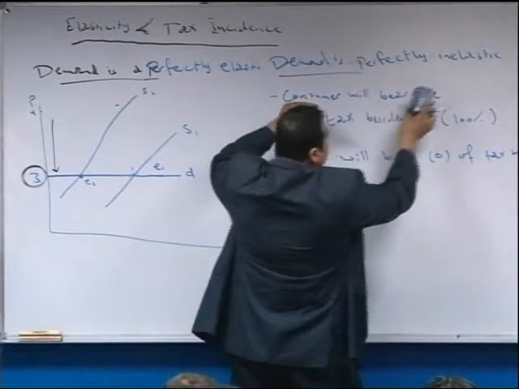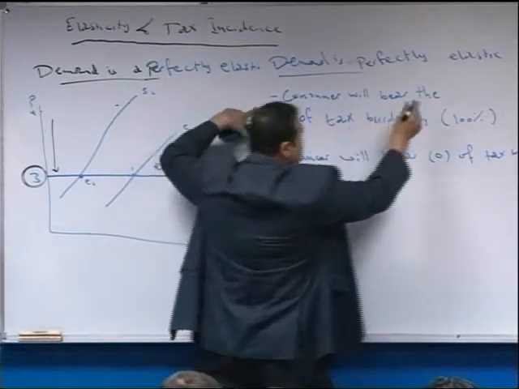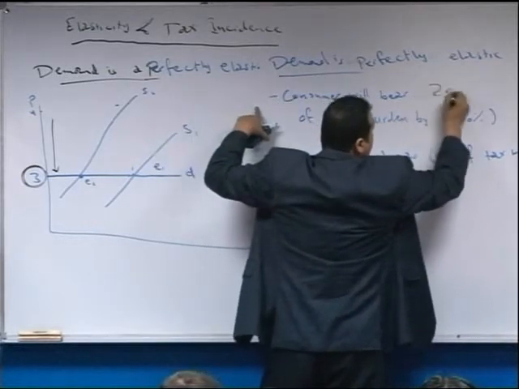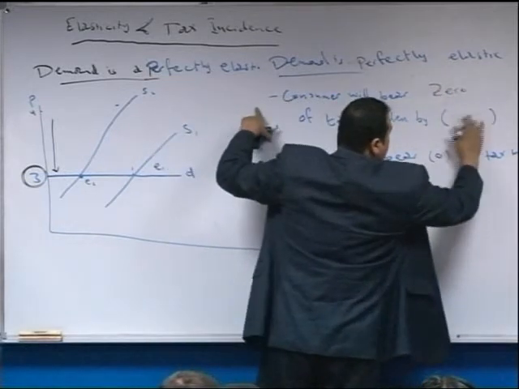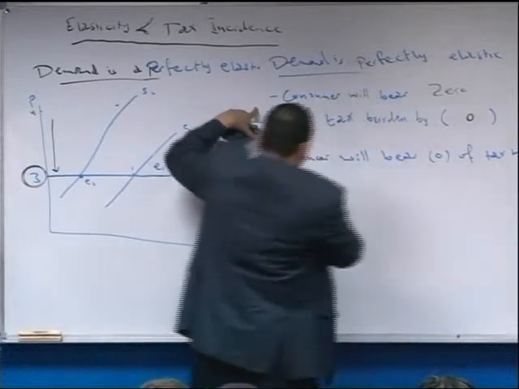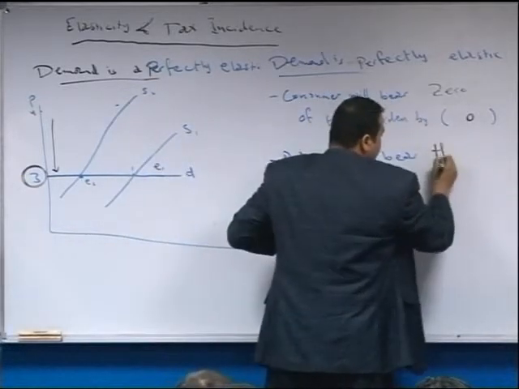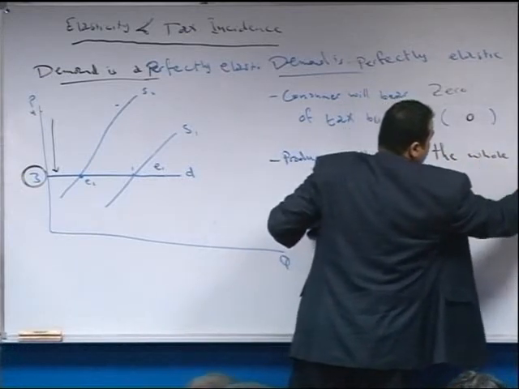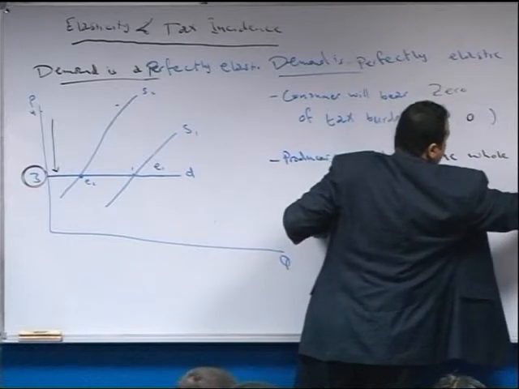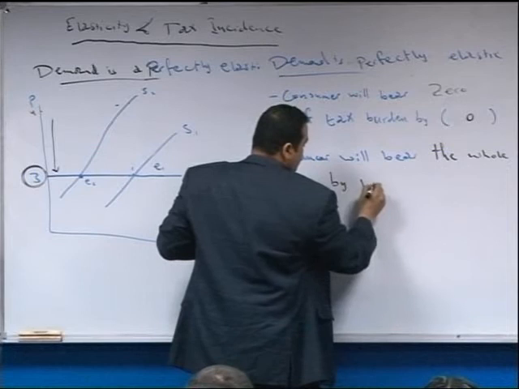So if the demand is perfectly elastic, the consumer will bear 0 of the tax burden, and the producer will bear the whole tax burden, 100%.